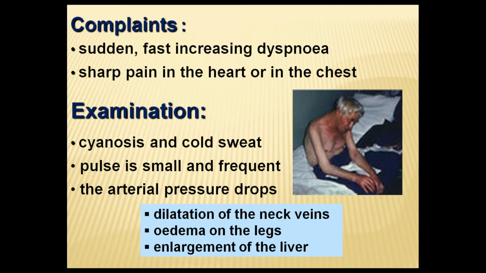We see only specific upper body cyanosis, cold sweat, very low, difficult to determine arterial blood pressure, and very, very small and frequent pulse.